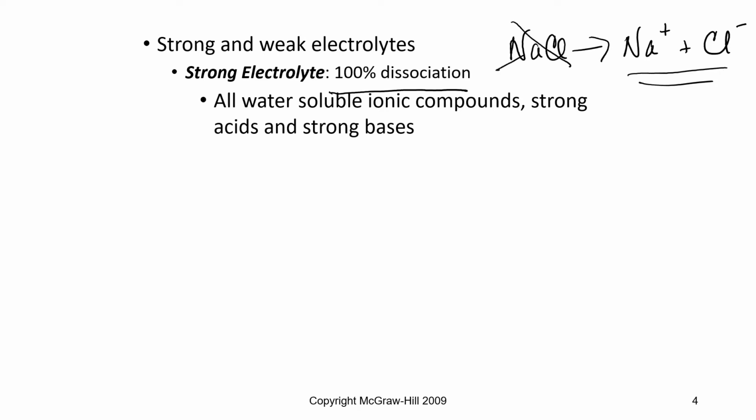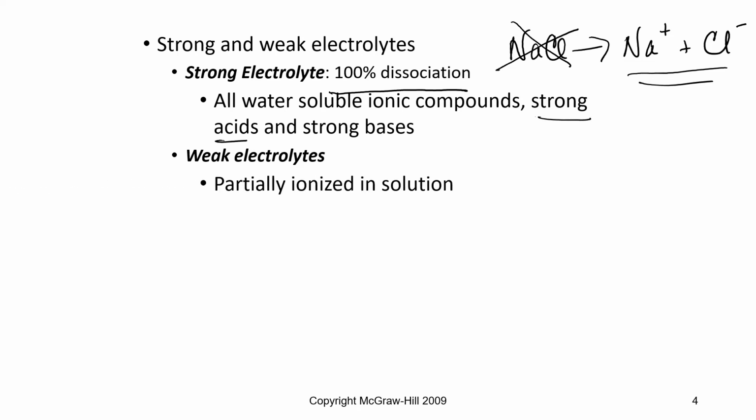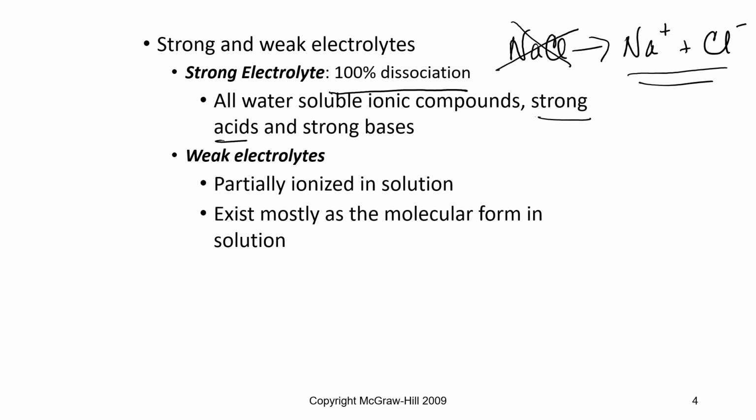There is none of this left. So strong electrolytes are water-soluble ionic compounds and strong acids and bases. Strong acids are going to ionize, not dissociate. Weak electrolytes, on the other hand, only partially ionize in solution, and these would be weak acids and weak bases, so molecular compounds.